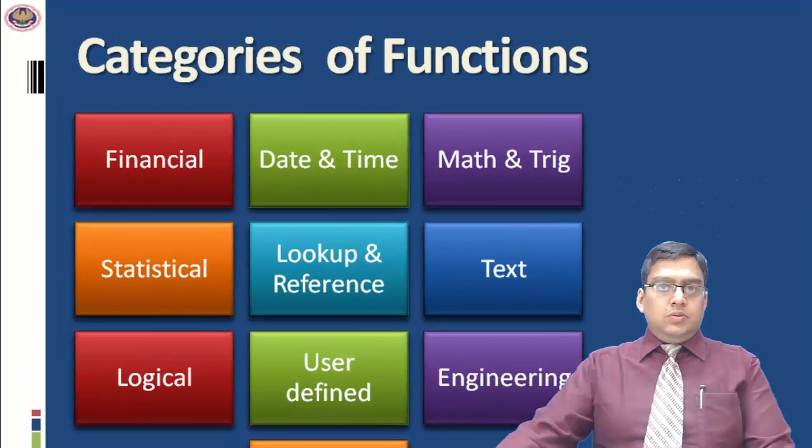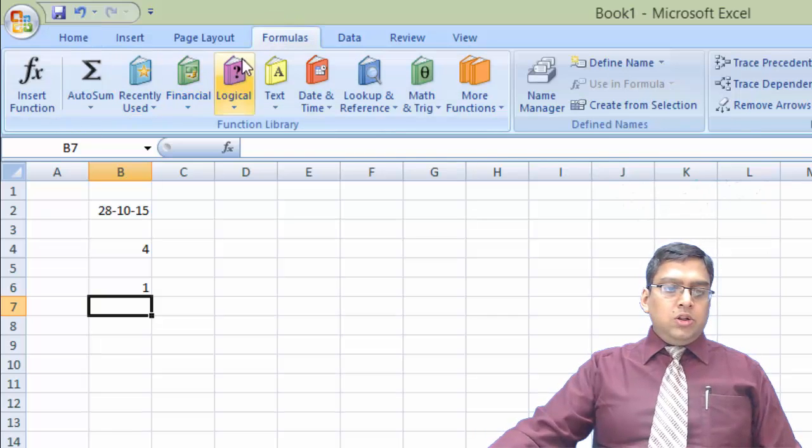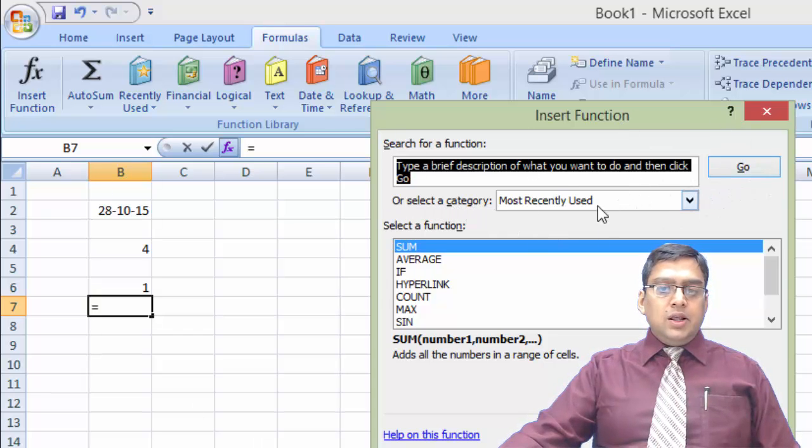Let's move to the Excel Formula tab. Then these all are functions, function categories, Insert Function, that is the dialog box of the functions, and here we can select a category.